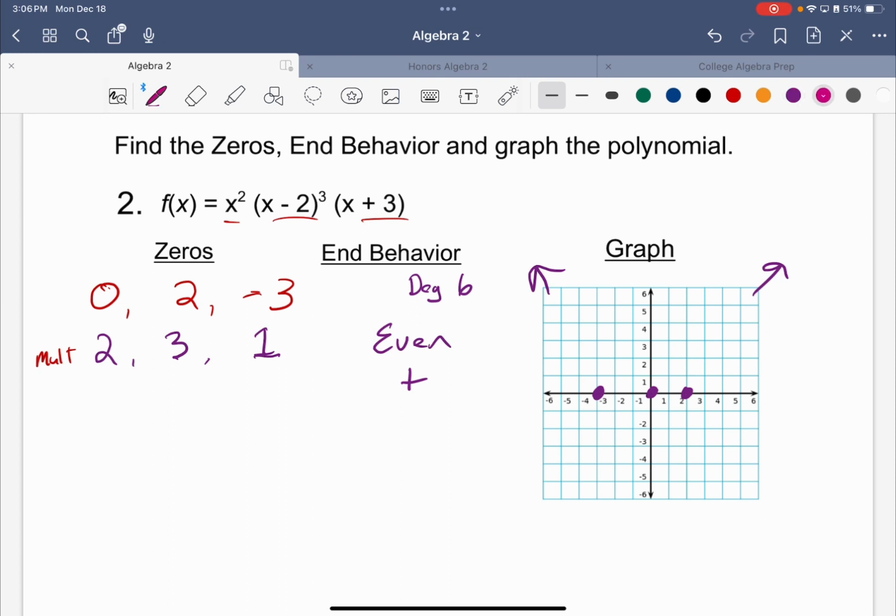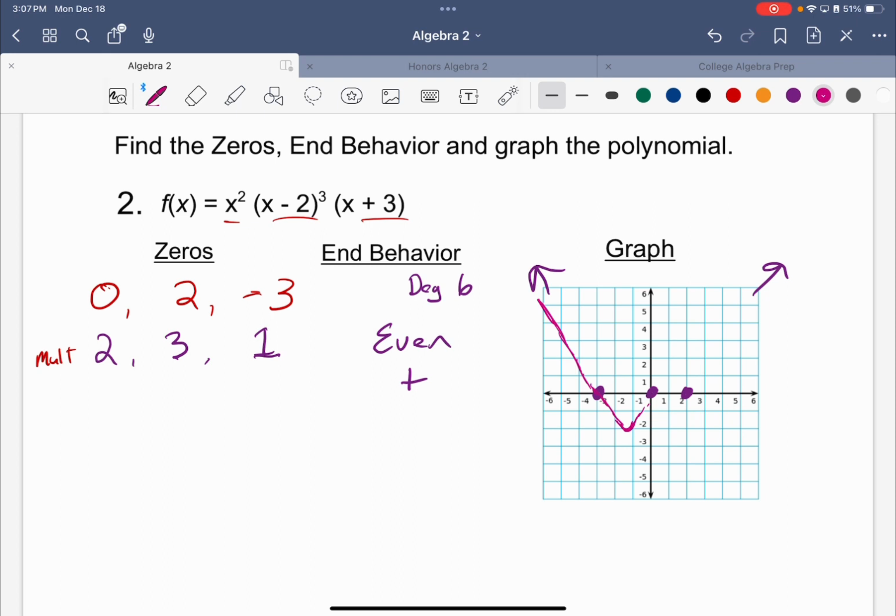So I know it has to start in that upper left-hand quadrant. So it's starting up there. It's coming down. It gets down to -3. -3 has a multiplicity of 1. So does it bounce off it or go through it? Goes through. Gets about halfway, it turns and comes back up. It gets to 0. 0 has a multiplicity of 2, which is even.